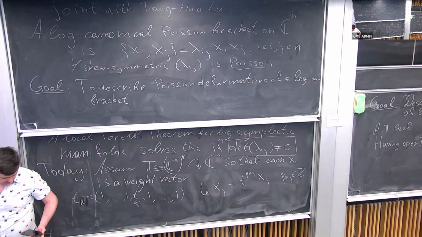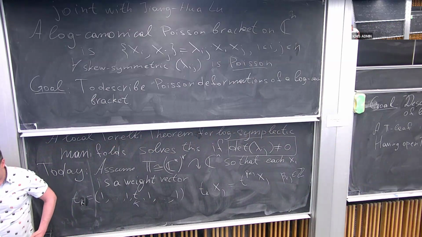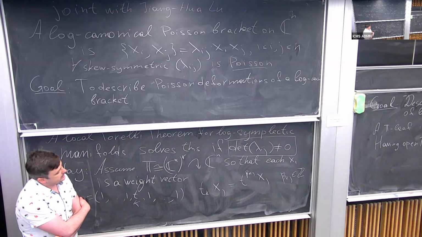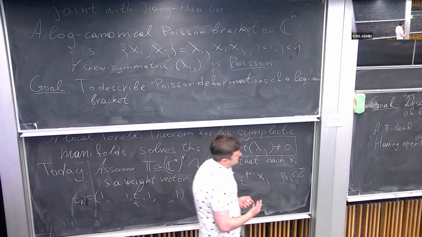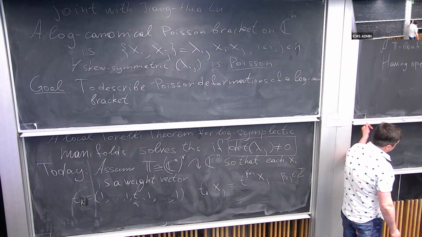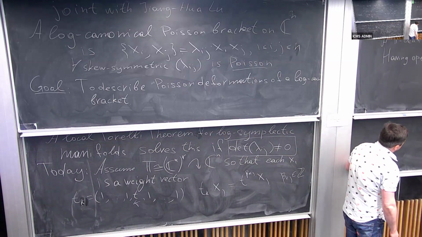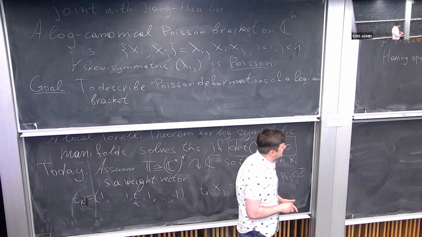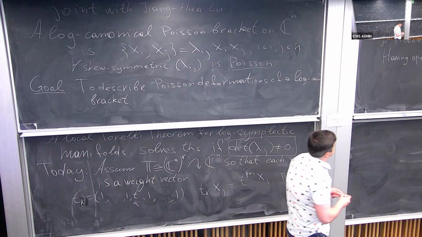Okay, so I'll start describing deformations by talking about first order deformations and then upgrading them to actual deformations. The first order deformations usually have a theory that governs them. In this case, it's Poisson cohomology.